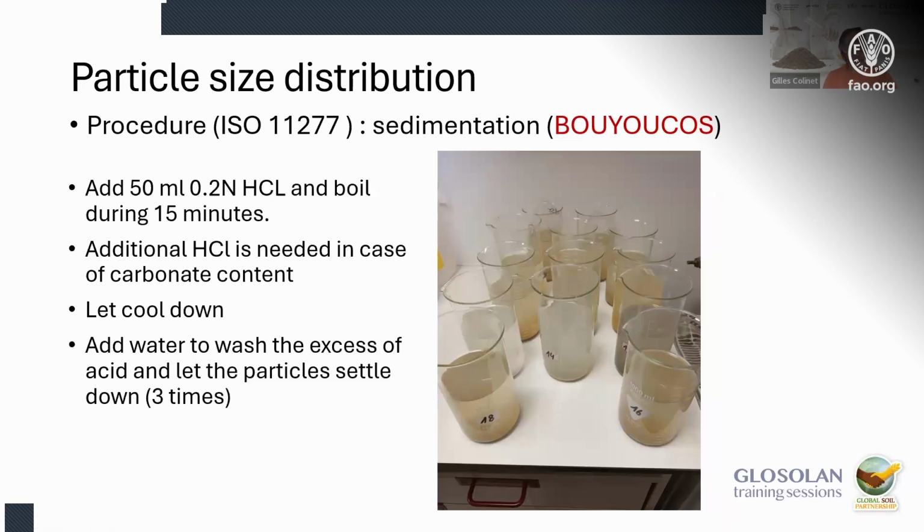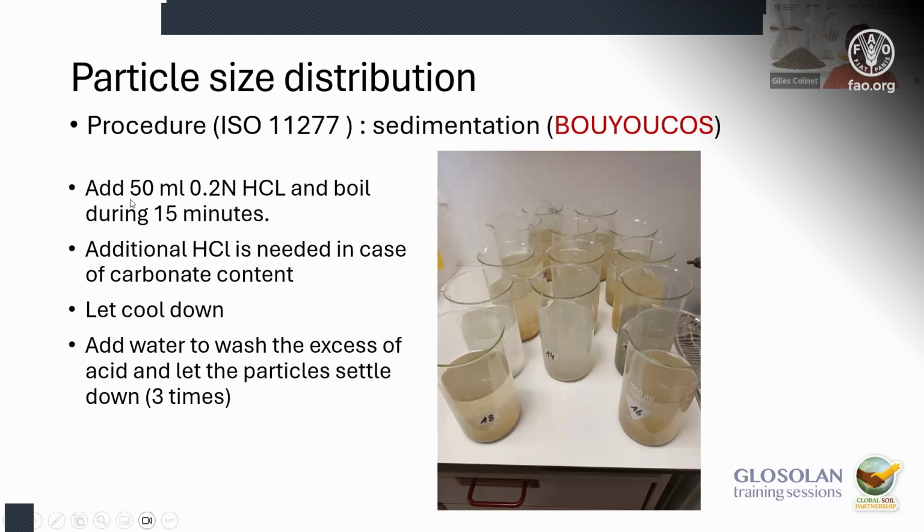After, when there is no development of foam anymore, you can consider that the attack of organic matter is finished, and you still need to remove the carbonate and the calcium link that you could have. And so we use HCl. There are variations.